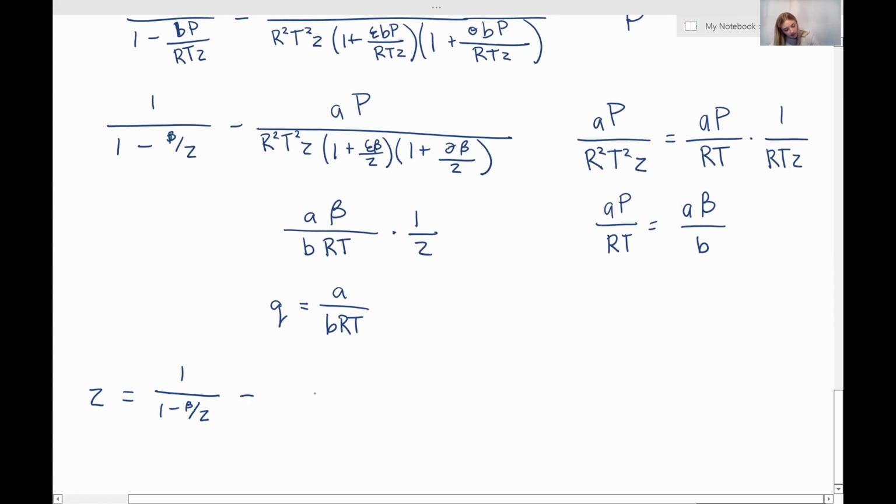Minus our, so our A is now going to be beta times Q over Z, 1 plus epsilon beta over Z times 1 plus sigma beta over Z.